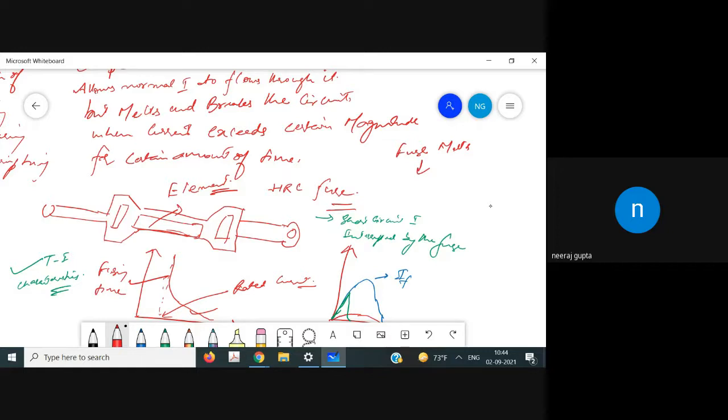Then arcing is struck because of that. Arcing is there, and the fault current will be interrupted when the arc is deionized.